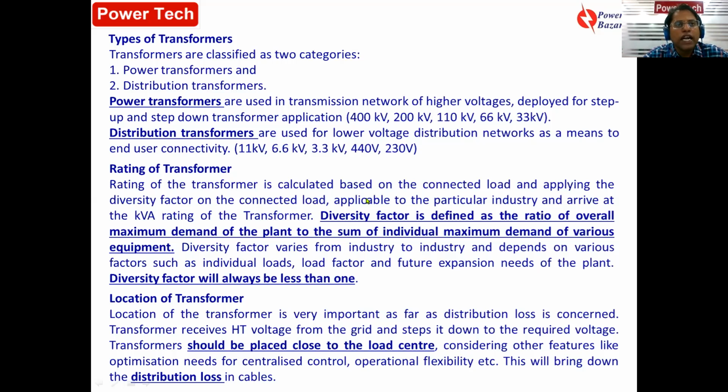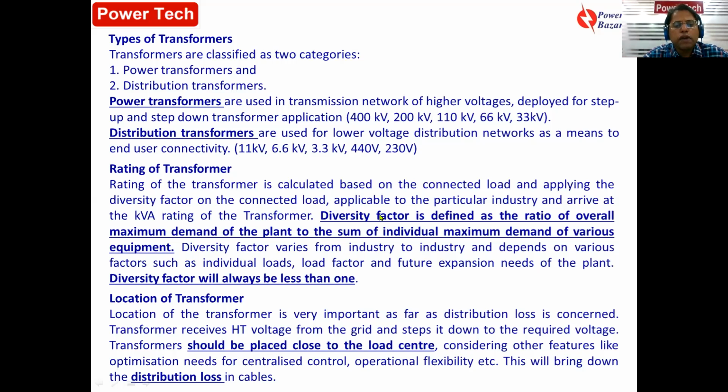Since a lot of heat is generated, your transformer needs to be cooled because it handles energy. So there are cooling methods such as ONAN, ONAF, that is oil natural, air forced. That means the oil gets cooled, but you have to apply a forced electrical fan to cool the oil.